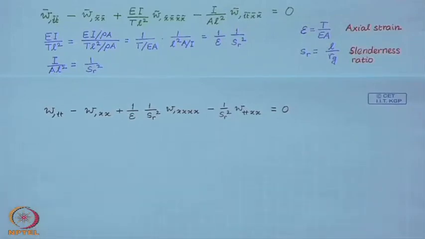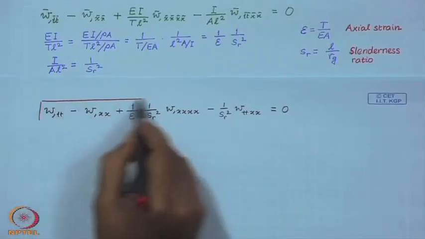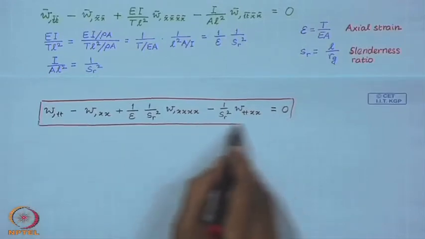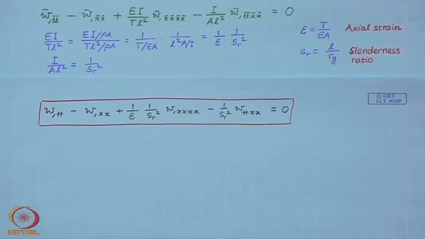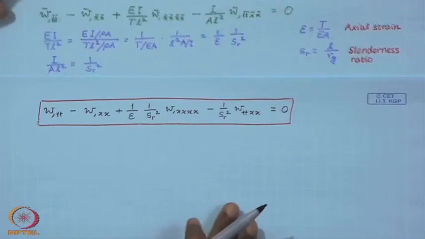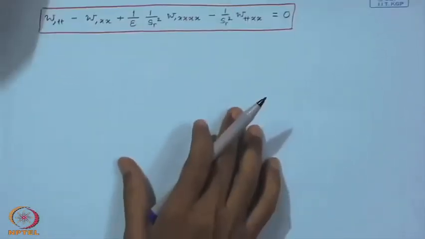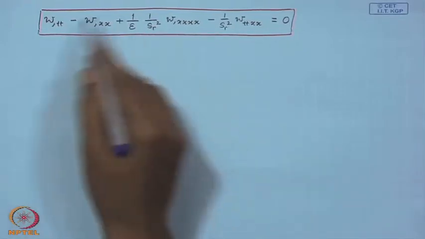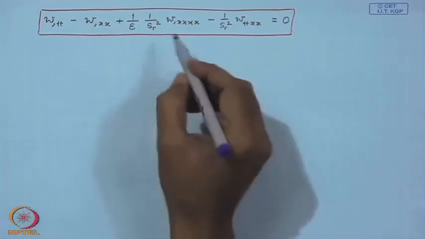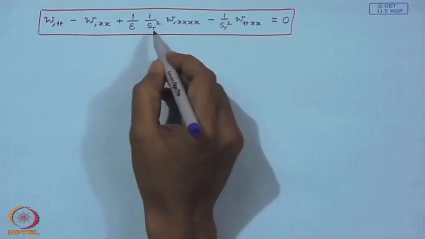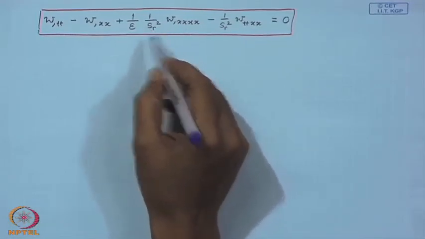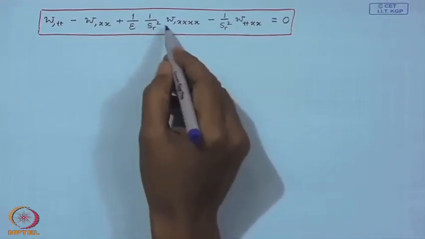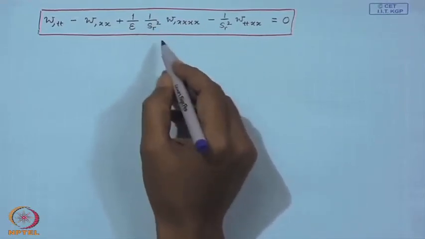So, this is our equation in non-dimensional form, and the parameters and the coefficients defined in a very special way. So, here I have of course dropped the tilde symbol for simplicity. Now, let us look at these terms. So, this is the slenderness ratio, which indicates how slender the beam is. So, it is the length over the radius of gyration.